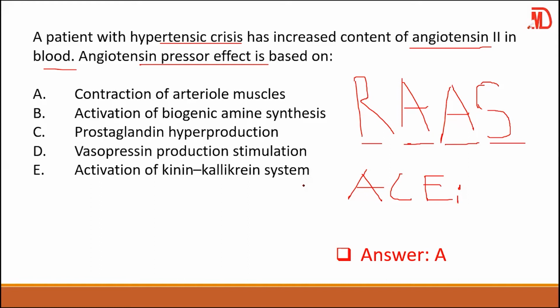Now, this renin goes and activates the angiotensin. And this angiotensin will help to bring further vasoconstriction, or contraction of muscles, and also activate the aldosterone system.